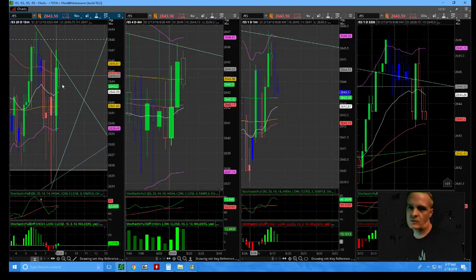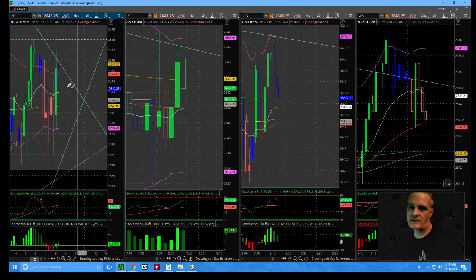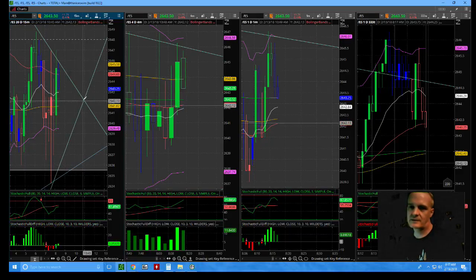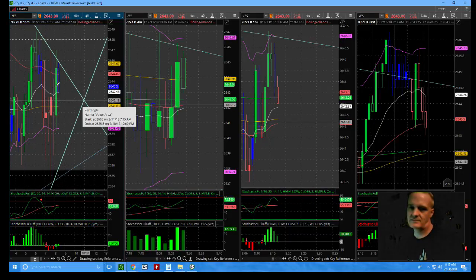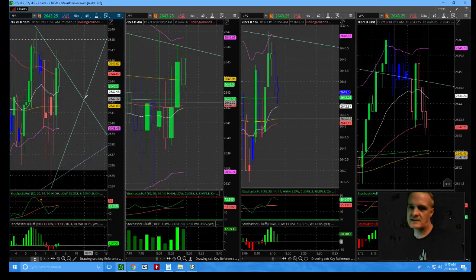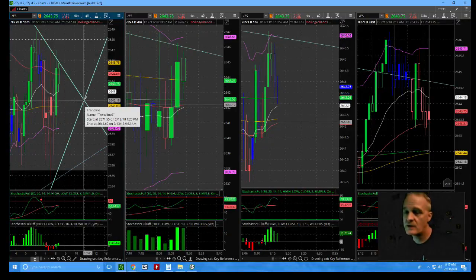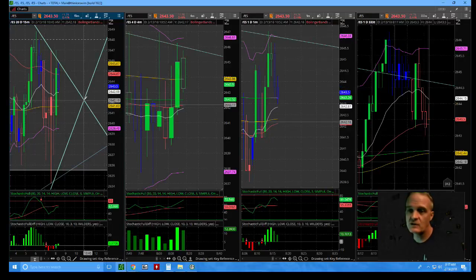But we haven't really gotten to that point yet. It doesn't always come to that pressure point before it breaks one way or the other. And in fact, one of the things I've observed is if it does come to that, then usually all it does is move sideways, so you don't really get that break up or down.